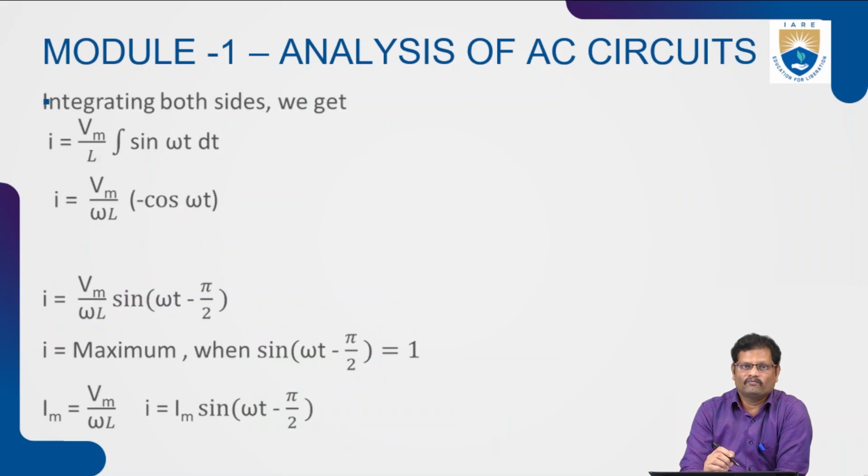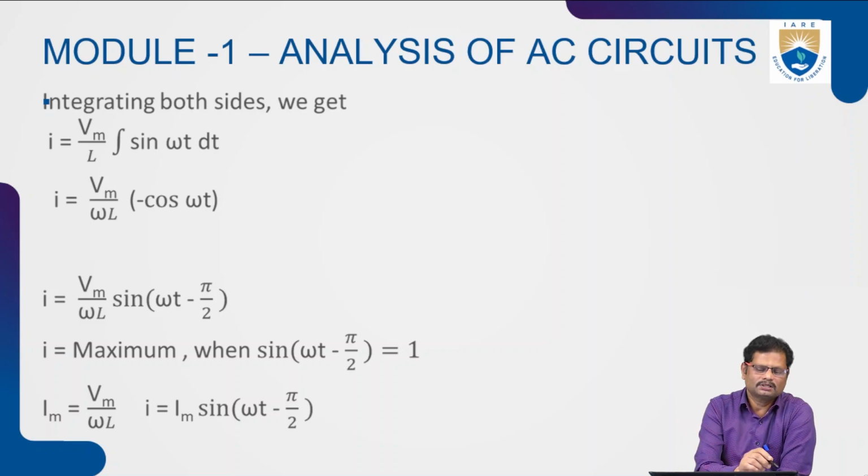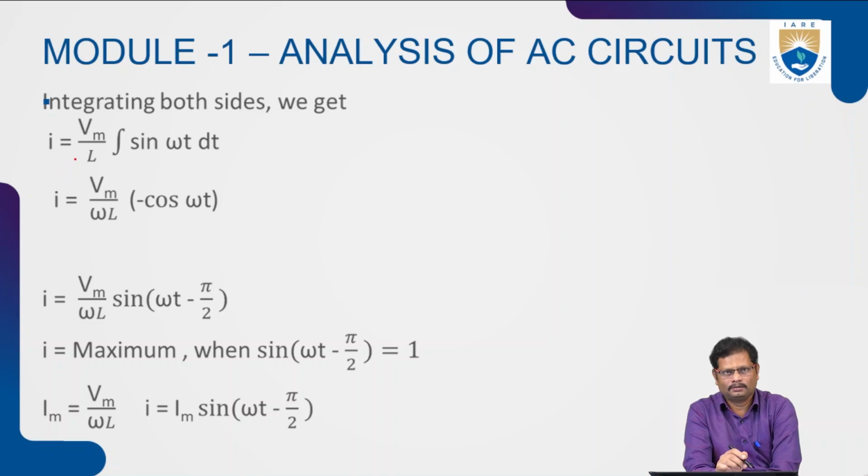So for this current equation, dI equal to Vm by L sin omega t dt. And when integrating on both sides, it becomes I equal to Vm by L integral of sin omega t dt. But the integral of sin omega t is nothing but minus cos omega t by omega.